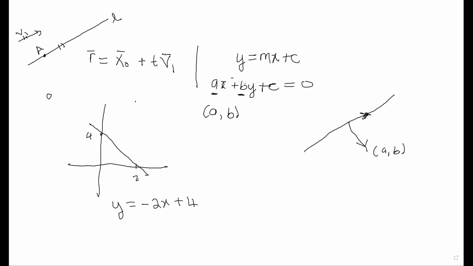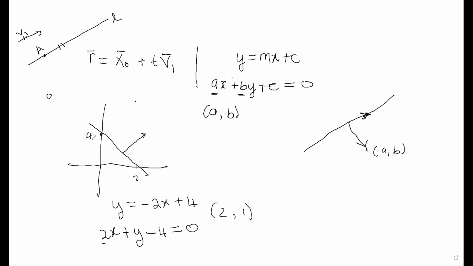We can turn it into this format by saying 2x plus y minus 4 is equal to 0, right? And then these two numbers, 2, comma 1, if we create a vector 2, 1, it will be perpendicular to this line, right?